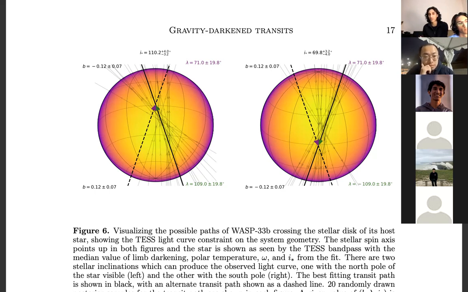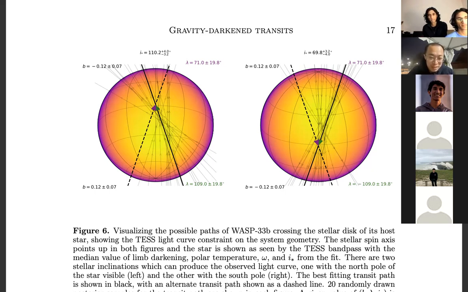There's also a bias in that hot Jupiters are easier to detect because they result in really deep transits and really high signal to noise ratio transits as well. So TESS is really perfect for this. And so this is going to be a nice thing that we can do statistically in order to answer one or the other hypothesis very soon, right?